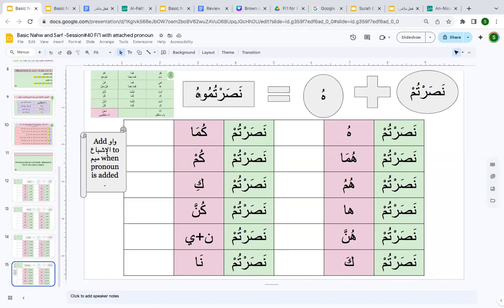You are not going to post anything but just an example of fail madin with pronoun tum, where there is a waw added because of the attached pronoun. Is this clear to all of you? Type 1, right?